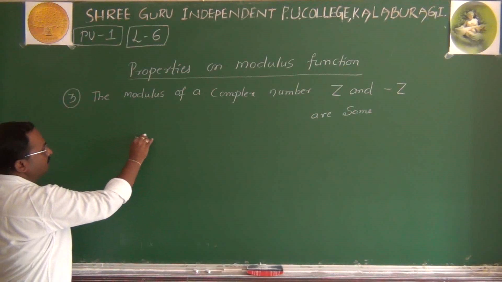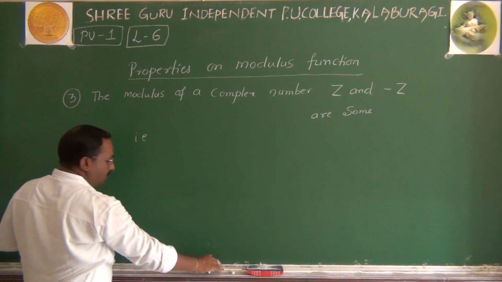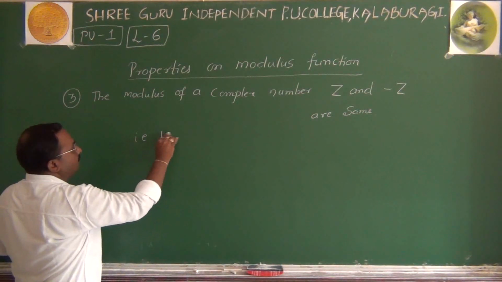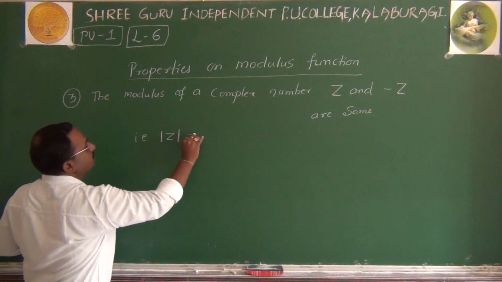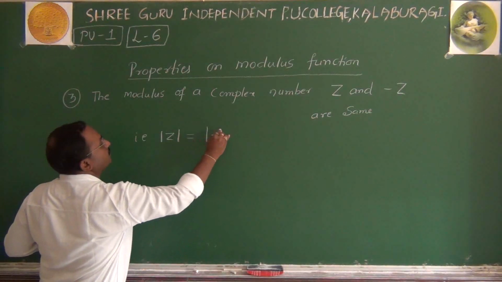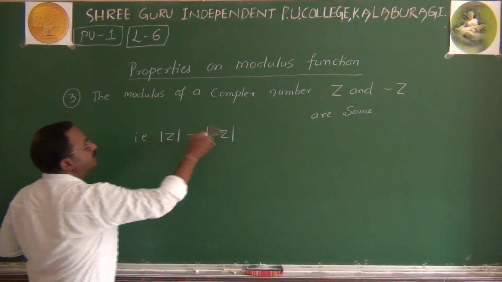That is, modulus of Z is equal to modulus of minus Z. That is the meaning.